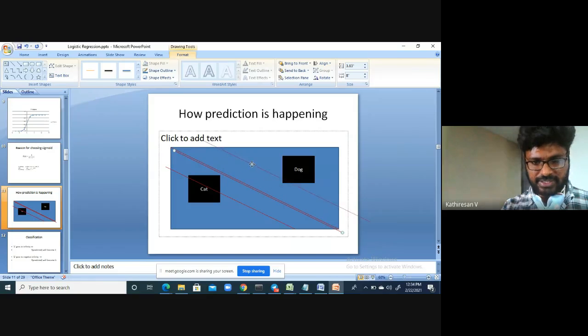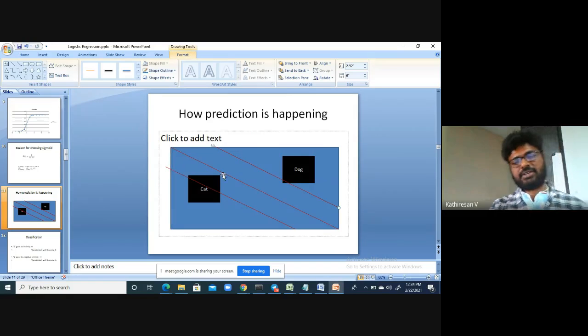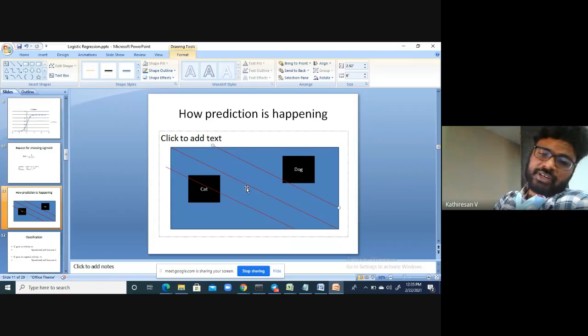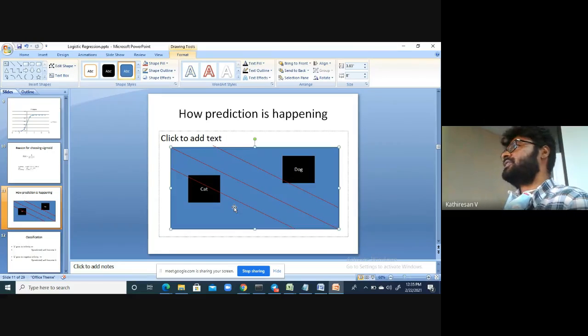If your line is here, you can say this is dog, and here, consider this as a 0.5 probability, and this is less than that. So the input which we are giving is like independent variables.